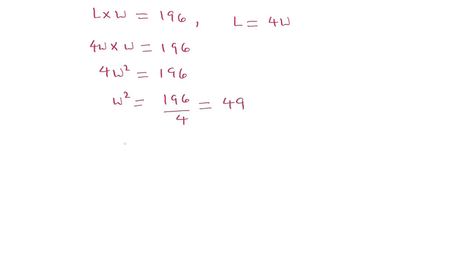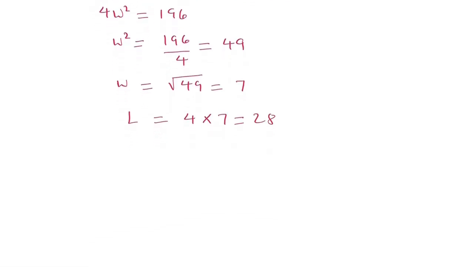Next, let us apply the square root. Then we have W equals root 49, which becomes 7. Now the length is going to equal 4 times 7, which gives 28.